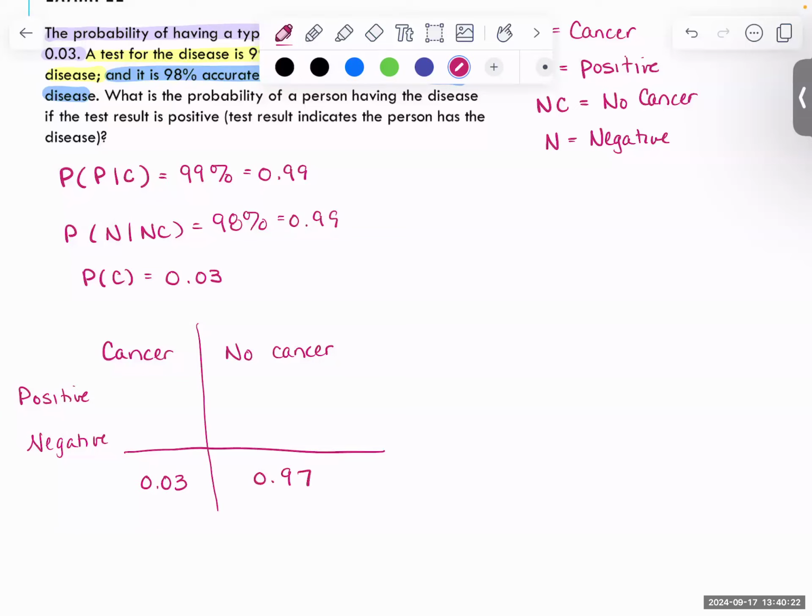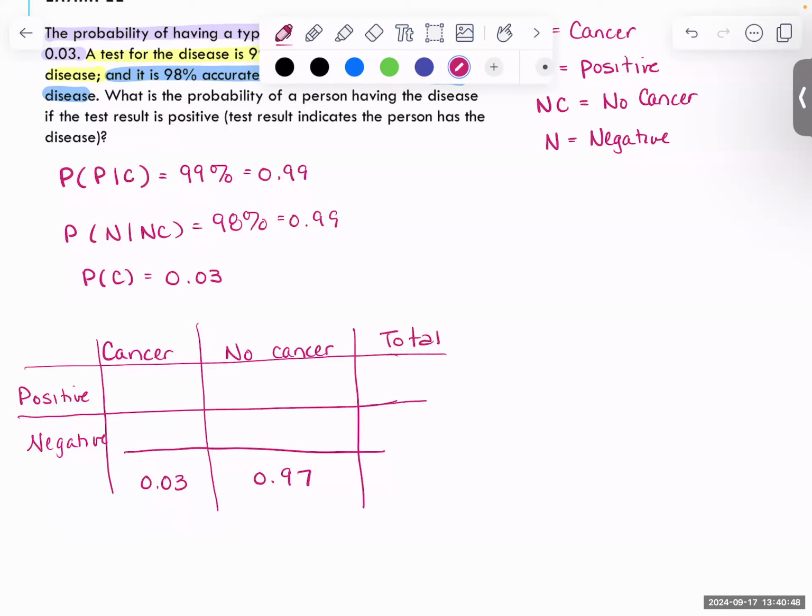So now I'm going to go through and find the cells. I'm going to find I have cancer and I test positive. I'm going to find I have cancer and I test negative. And then I'm going to find the no cancer test positive. I'm going to find the no cancer test negative.